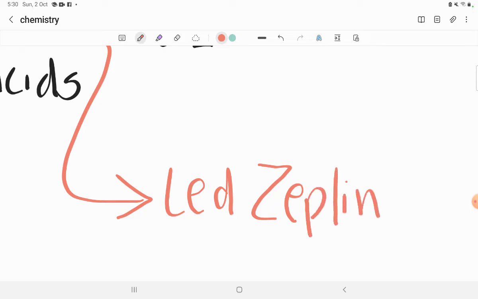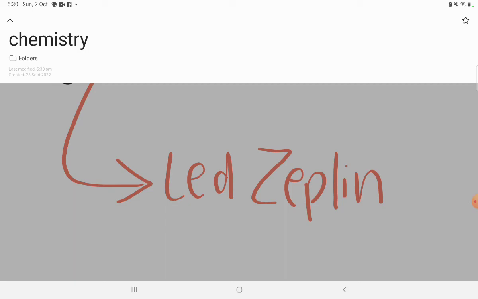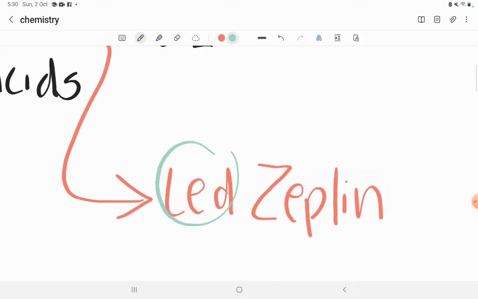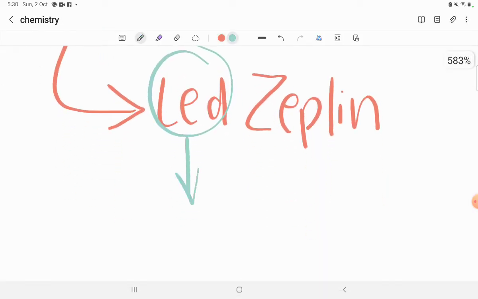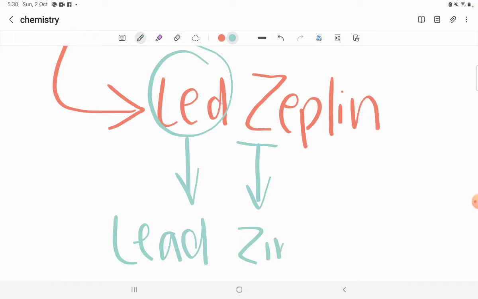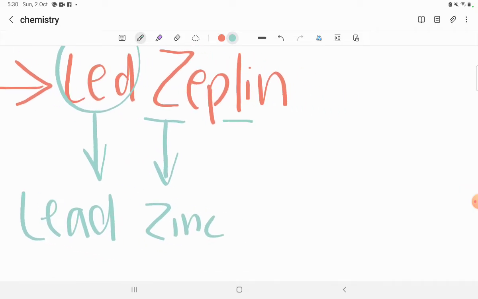That's how I remember Led Zeppelin, because lead is obviously referring to lead, then the Z refers to the zinc, and then the L is in aluminium.